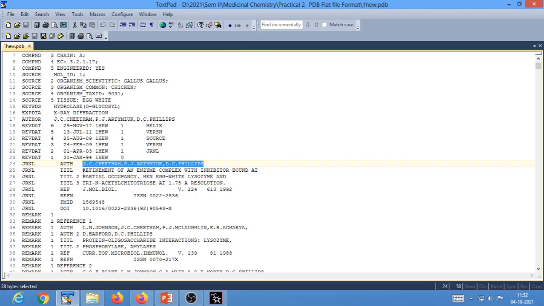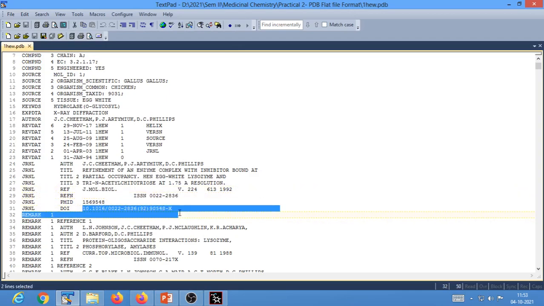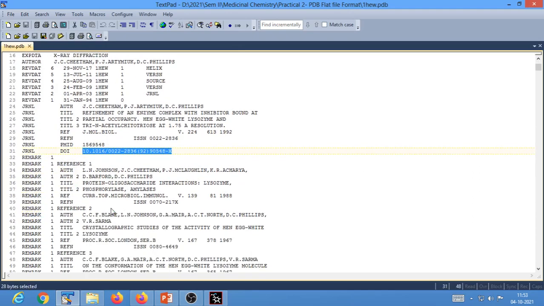What is the title of that paper, in what journal it was published, what is the volume information, what is the page information. And you can have other journal information, like the ISSN number of this journal in which the model was published, and the digital object identifier of that paper. So this type of citation information is provided in the JRNL line.